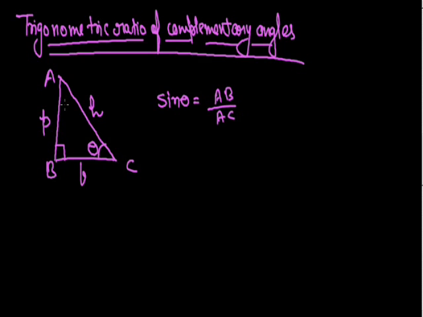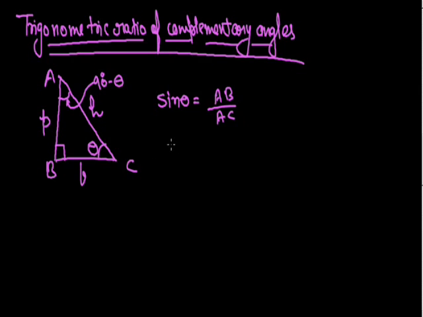Now in this triangle, by angle sum property, angle A will be equal to 90 minus θ. If we consider the main angle as angle A, then the side opposite to angle A will be perpendicular and the remaining side will be base.